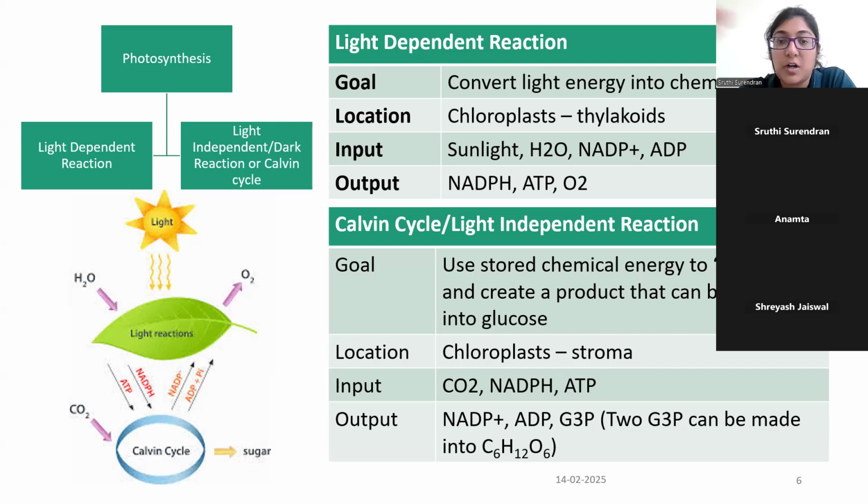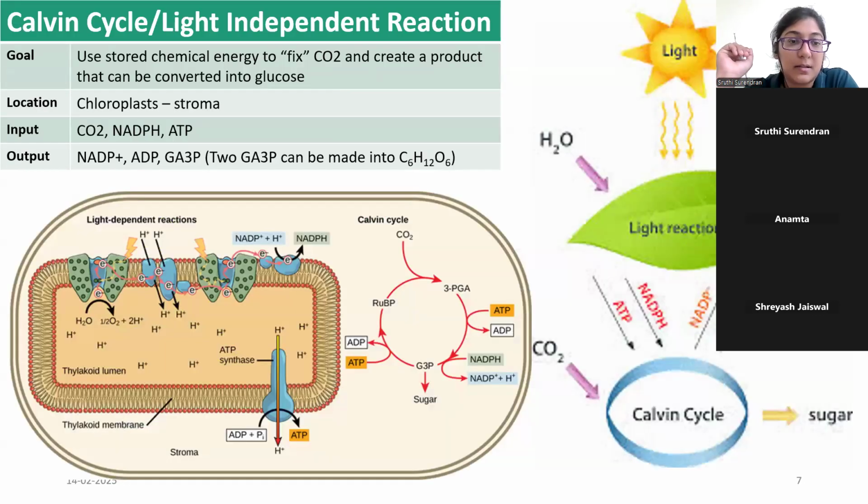These molecules are then used in the Calvin-Benson cycle, which happens in the stroma of the chloroplast, and helps in the manufacture of carbohydrates. This is where the light reaction takes place. This is where the Calvin cycle takes place.